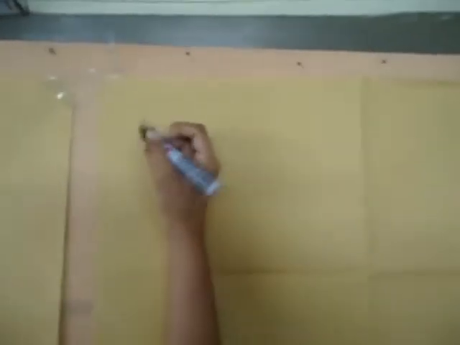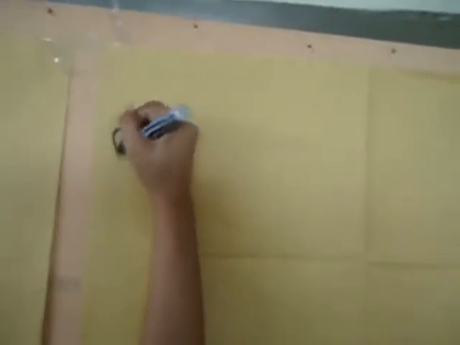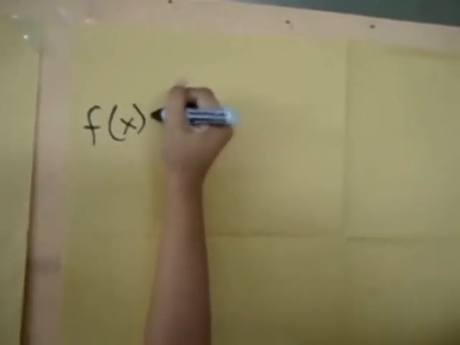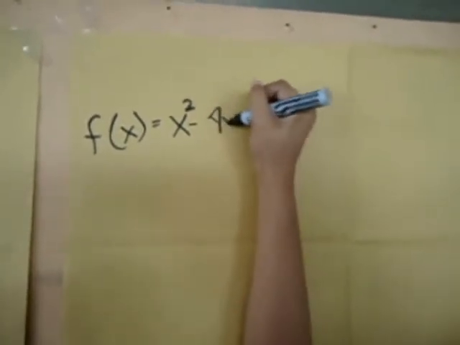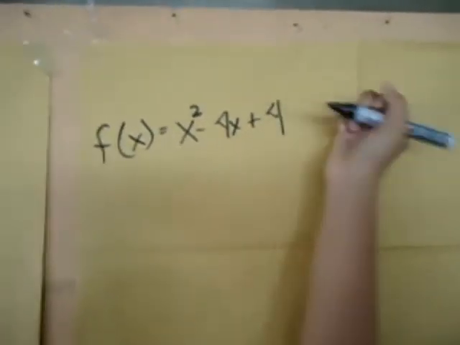Now, let's go to example number 2. We have f of x is equal to x squared minus 4x plus 4.